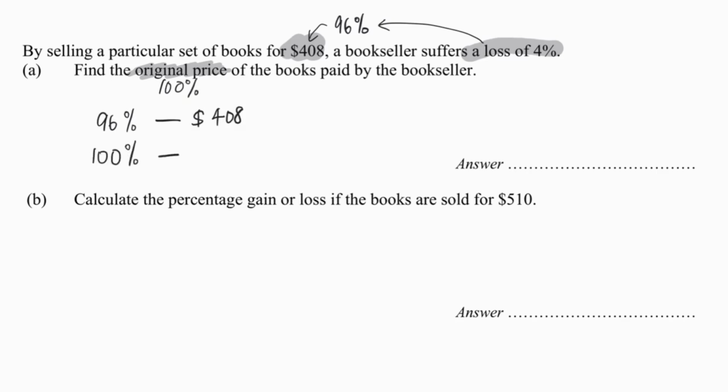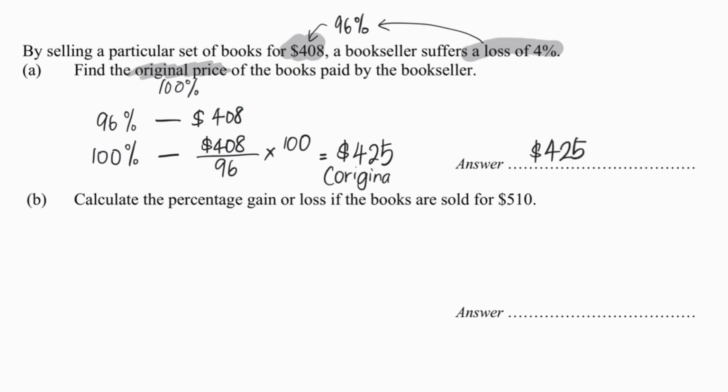And in order to find 100%, I will have to divide 408 by 96 to get 1%. Then I multiply by 100. This will give me a value of $425, and that will be my original price.